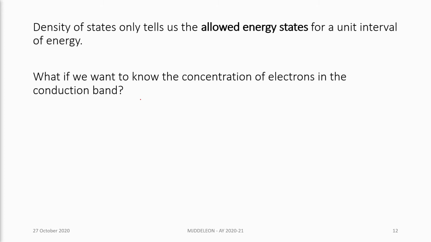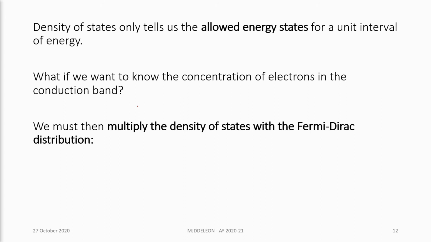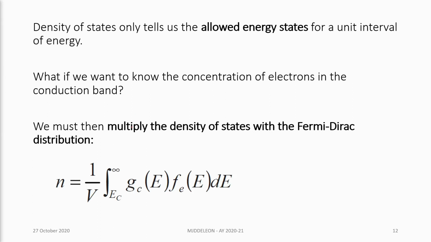But what now if we want to know the concentration of electrons in our conduction band? We must then turn back into our Fermi-Dirac distribution. We multiply our density of states with the Fermi-Dirac distribution to get the number of electrons per energy level. Then we can integrate that from the bottom of the conduction band, integrate it from EC to infinity to get the total number.